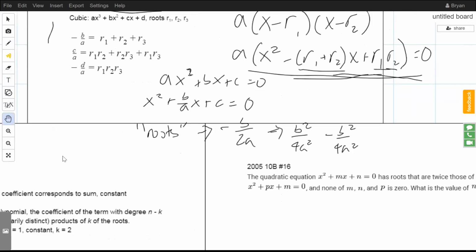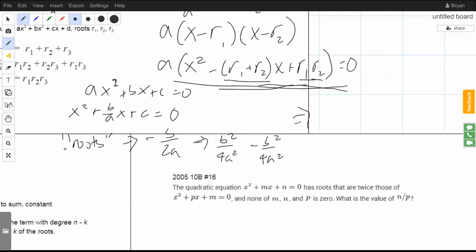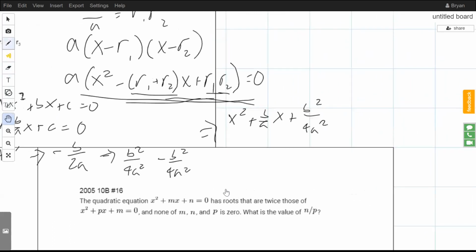So what we end up with is x squared plus b over a x plus b squared over 4a squared is going to be equal to b squared over 4a squared minus c over a. I forgot the over a here.